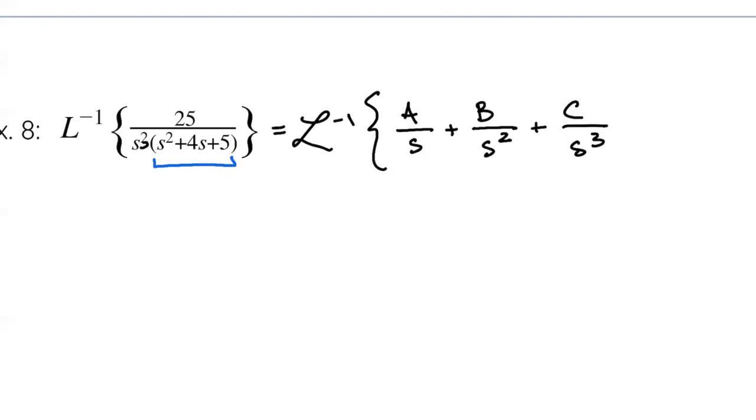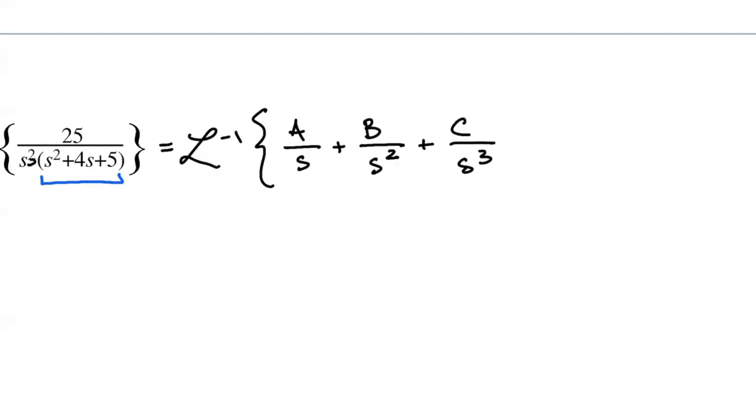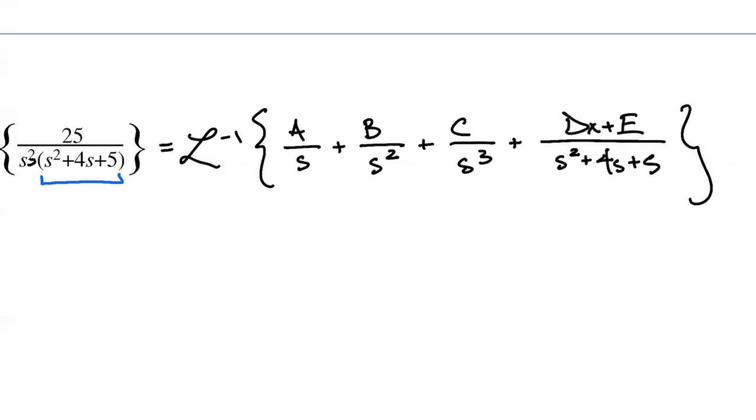This is why factoring is so important. The numbers in this case do not work out to be factorable over the real numbers. And so we end up with s squared plus 4s plus 5, and our numerators, we just keep using letters, we get Dx plus E.